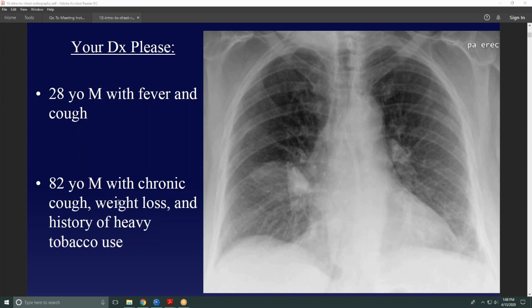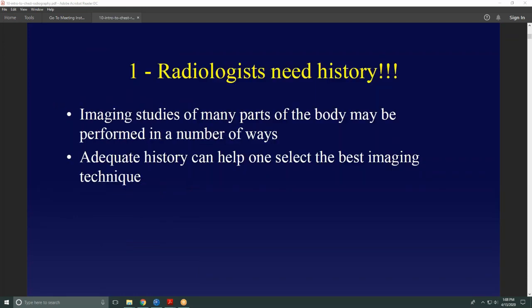So this is just an example of why radiologists need history, and there are a few reasons for this. The first is that there are many imaging techniques and ways of imaging various parts of the body, and that will also change the way you acquire images for a given modality depending on what you're worried about.